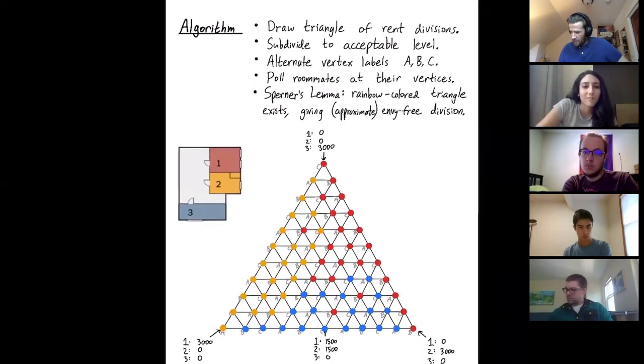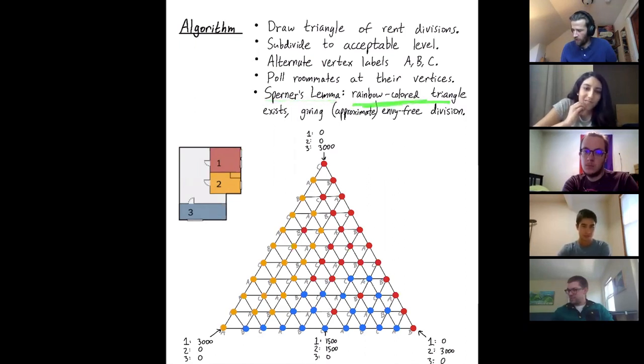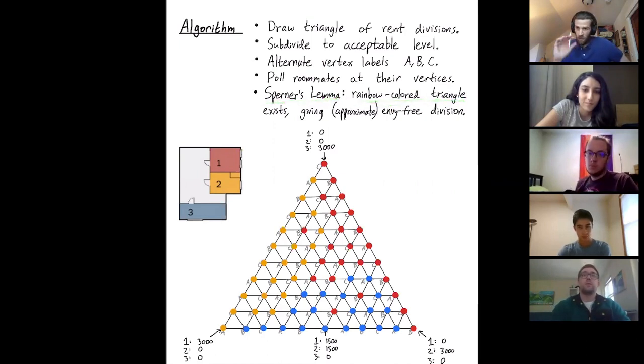So yes, this is a data science talk in the sense that you're polling roommates, and the roommates can give you whatever answer they want based on the prices and their opinions on the room. But this is also a combinatorics and topology talk in disguise. So the result that says there's always a rainbow colored triangle, meaning a small triangle with 3 different colors, the result that guarantees that is called Sperner's lemma, which we'll discuss.